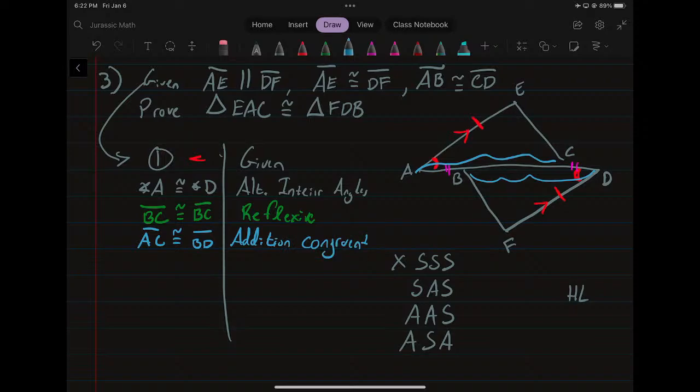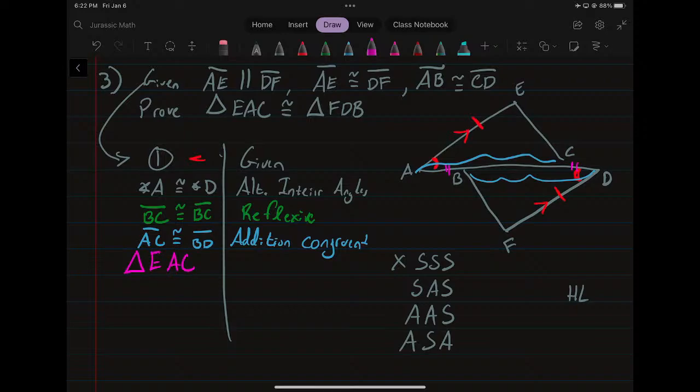Since AB is congruent to CD and BC is congruent to BC, since you have 2 things that are the same and another 2 things that are the same, if you added the 2 things together, it would be exactly the same. And so luckily, this program just says type in add and it'll come up with the rest, and it's called congruent segments added to congruent segments form congruent segments. That's a lot.